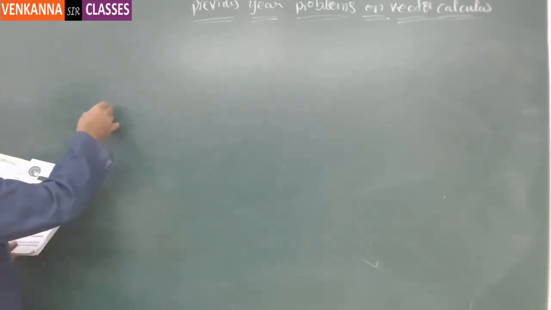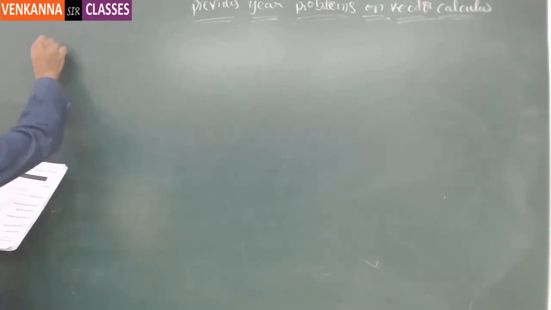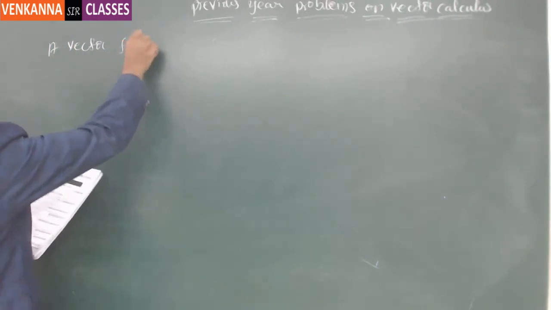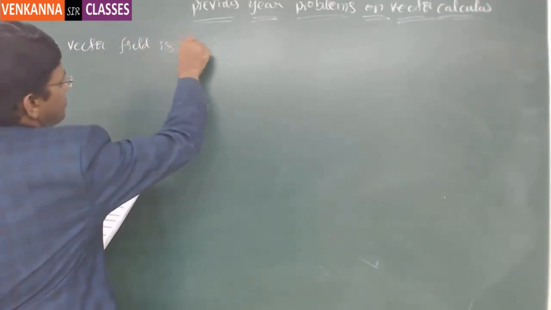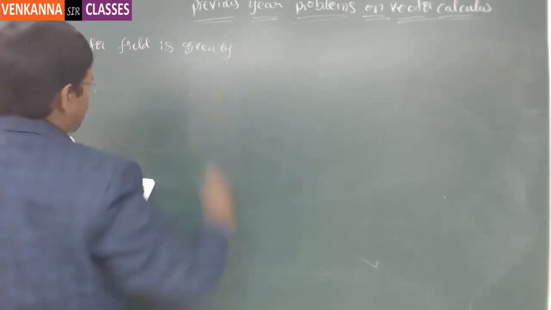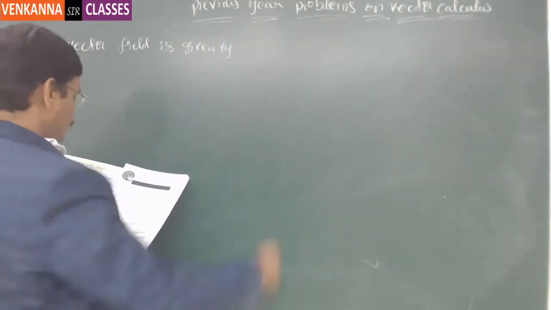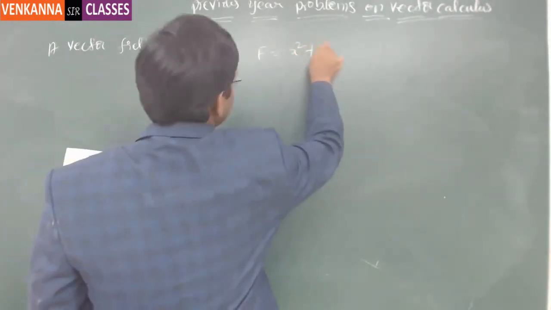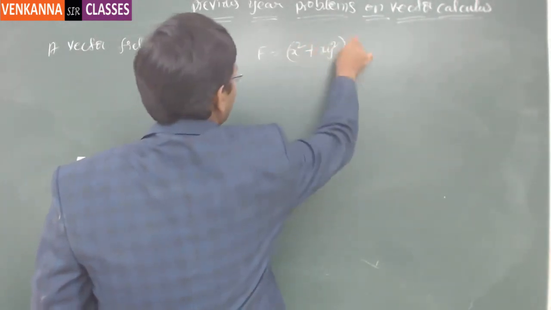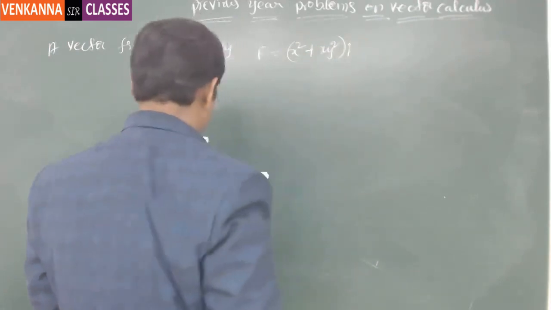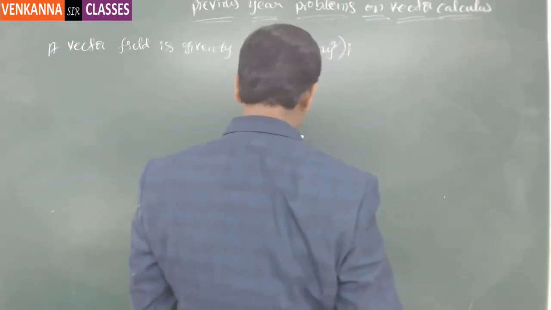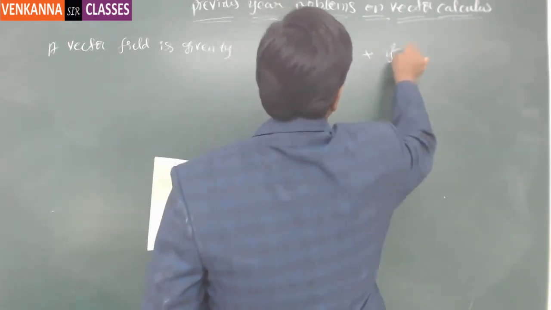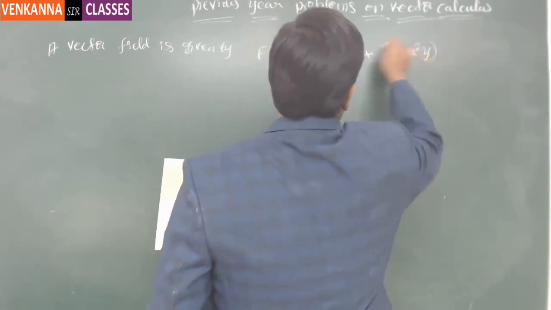A vector field, this was given in 2015, is given by F equal to x square plus xy square into i plus y square plus x square y into j.